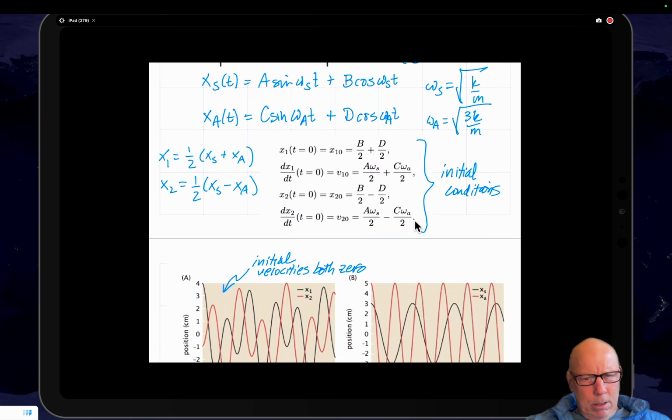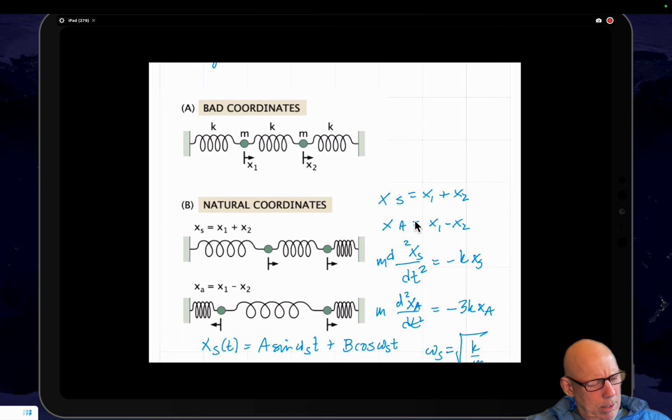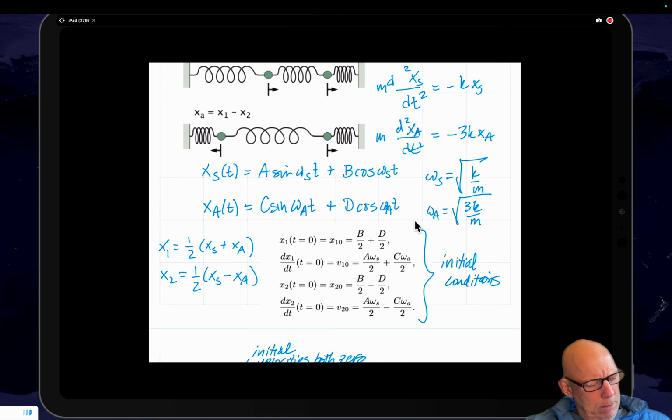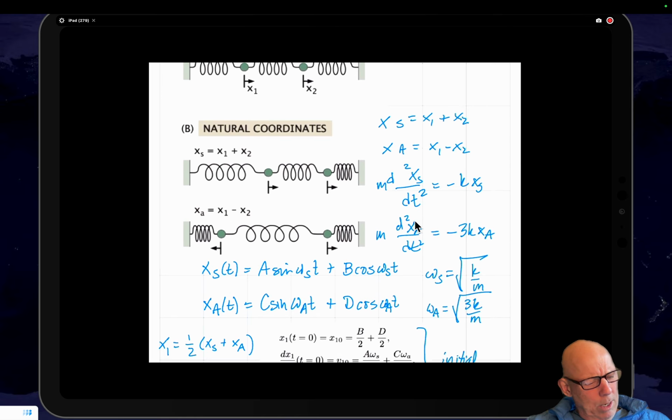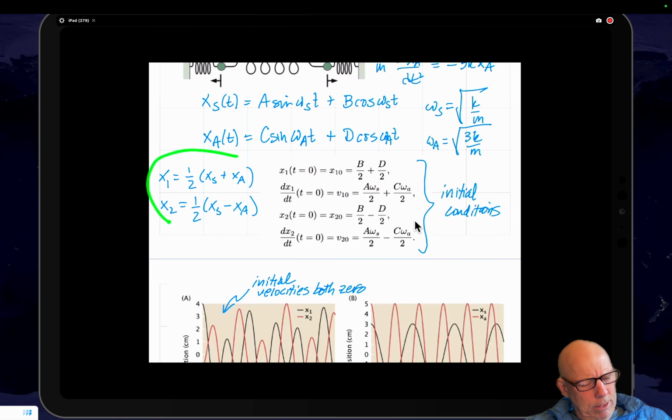Let me check this. Yeah, that's right. If I add these two equations, I get 2x1. And if I subtract xa from xs, I get 2x2. So that justifies this choice.